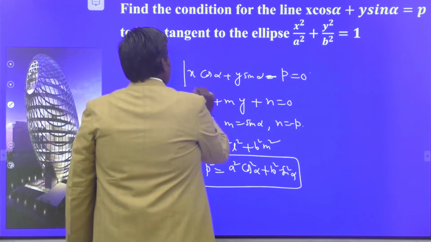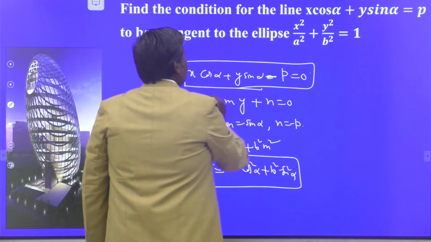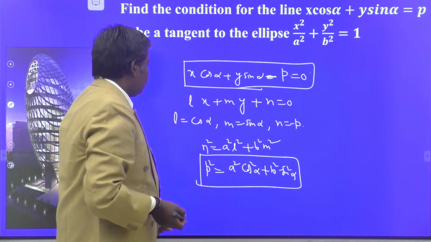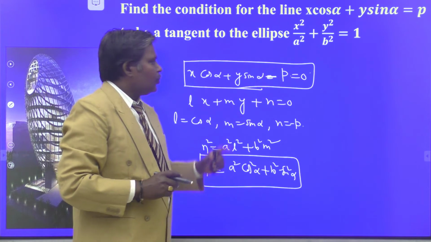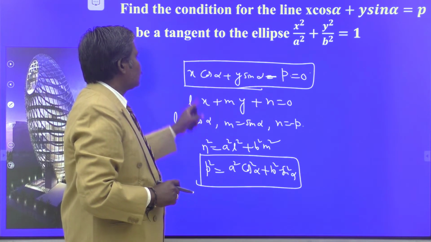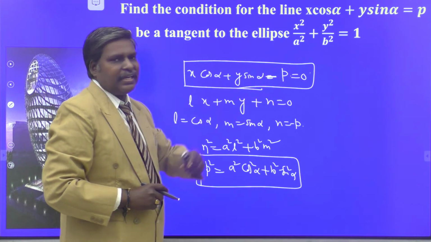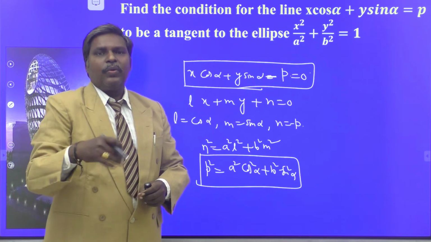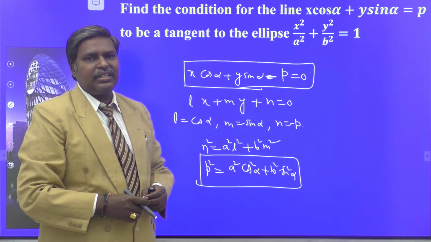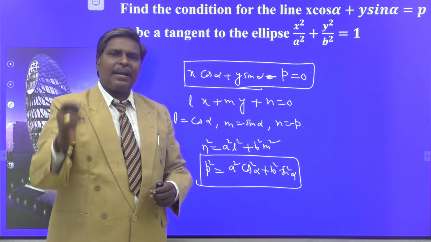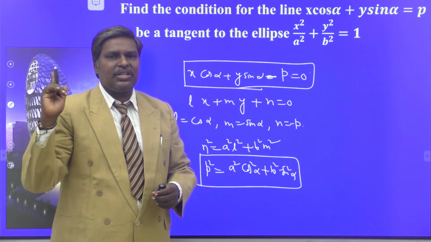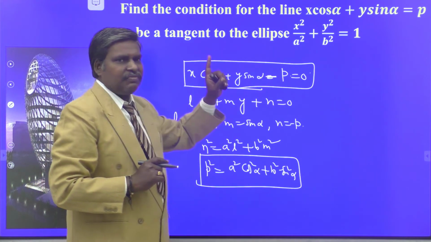So this is the line. It is tangent to your ellipse. If you have no formula, you can directly derive this one also. Suppose the line is tangent at P of theta, say. What is the equation of tangent at P of theta? x by a cos theta plus y by b sin theta is equal to 1. Compare this equation with that one.